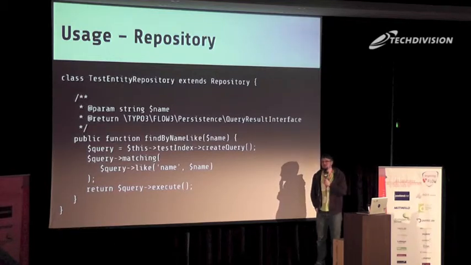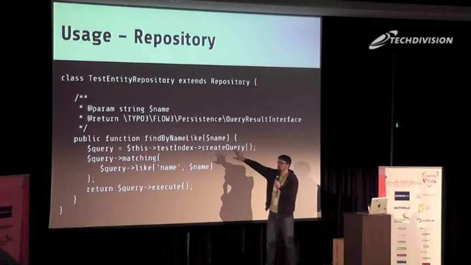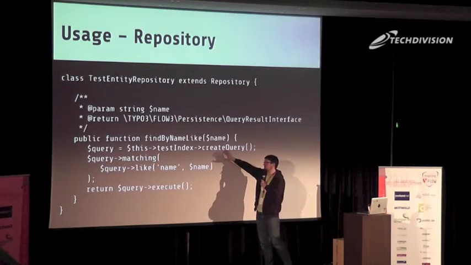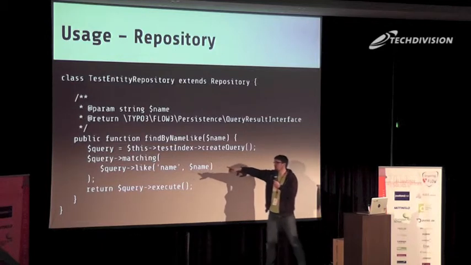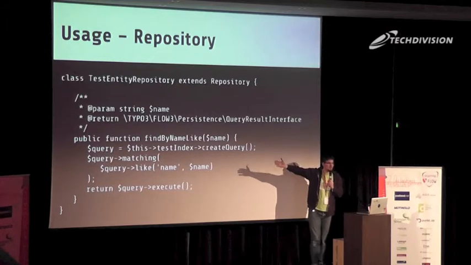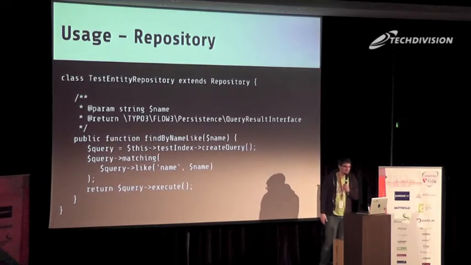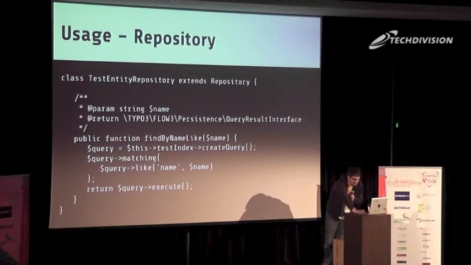And when it comes to using it, you just extend the basic Flow repository, or Flow 3 repository in that case, and you can be using indexes, which is a little different. But you can use the basic QOM stuff like matching query like name, $name, and you will get the results back that match this query.